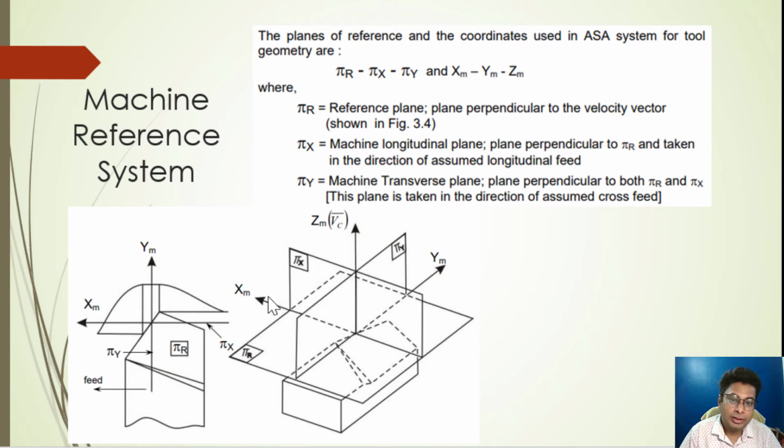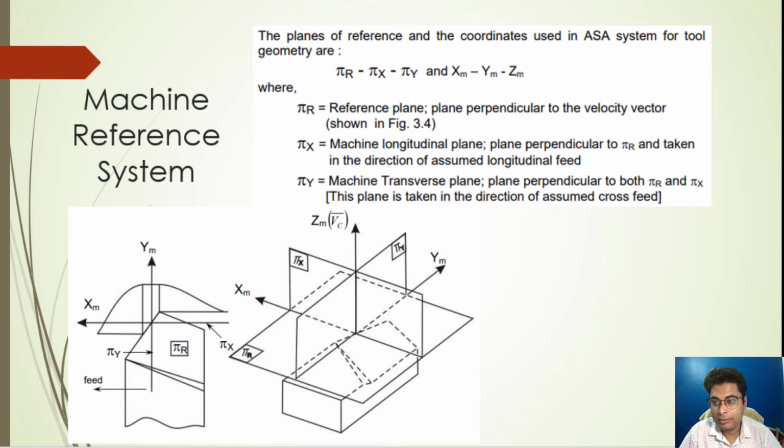Similarly, pi y is perpendicular to both pi r and pi x, and is in the direction of cross feed, the direction of depth of cut. The plane in this direction is known as pi y. I hope we have now understood the planes.